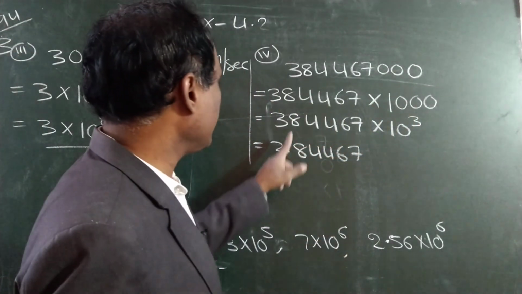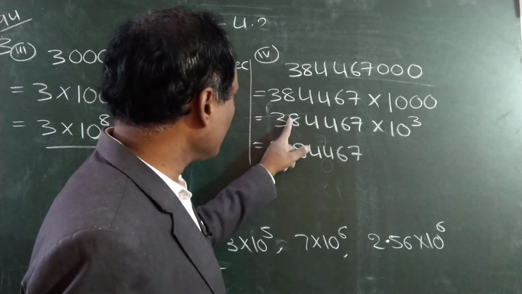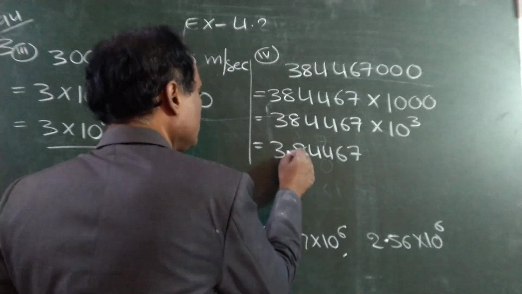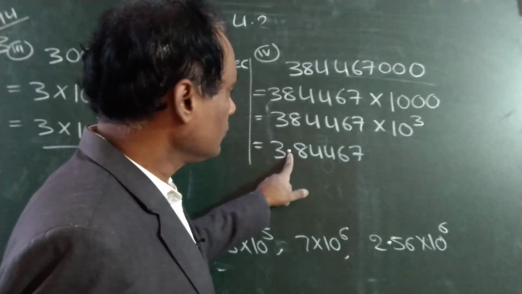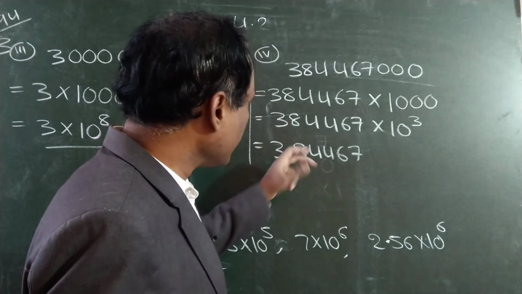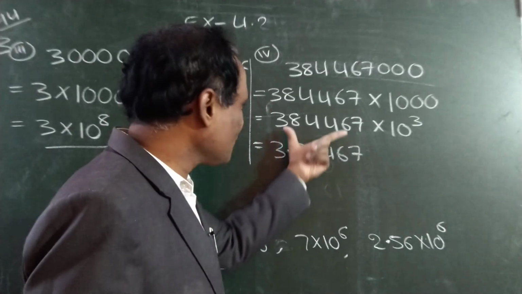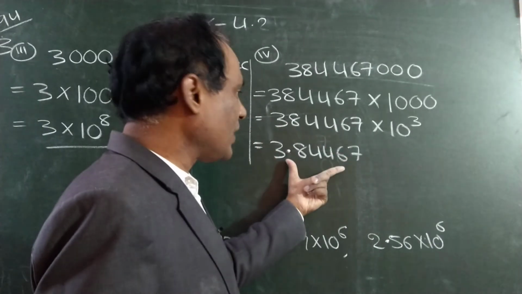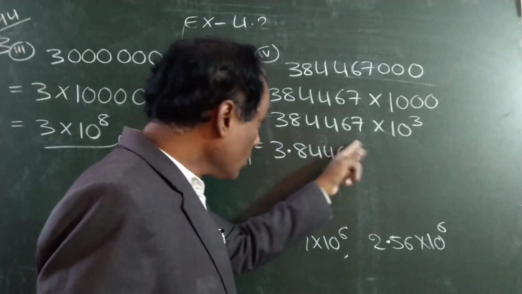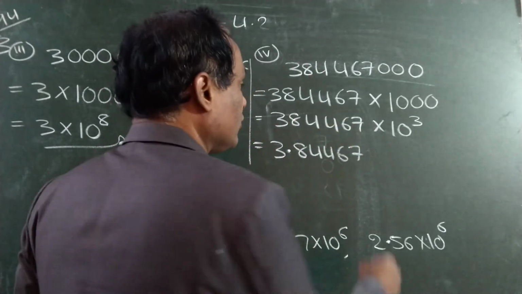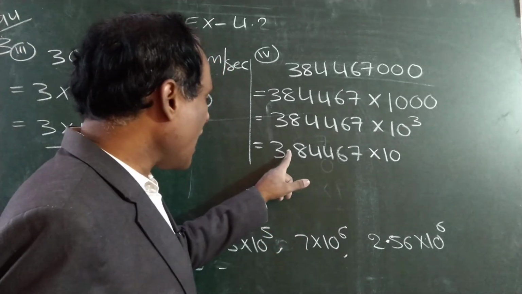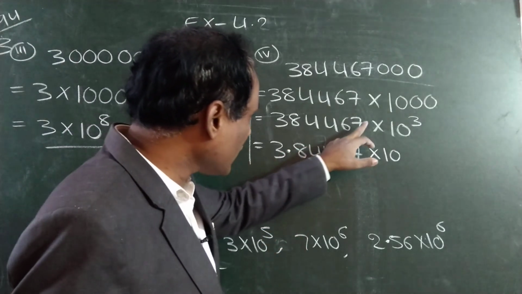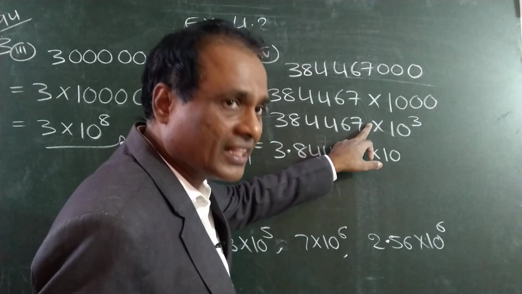How to get the decimal here? The decimal should be here. If I keep the decimal here, I cannot write it like this. These two are not equal. I cannot change these two like this. So I have to do something so that the value doesn't change. See, if there is nothing here, we have to imagine that the decimal is here.